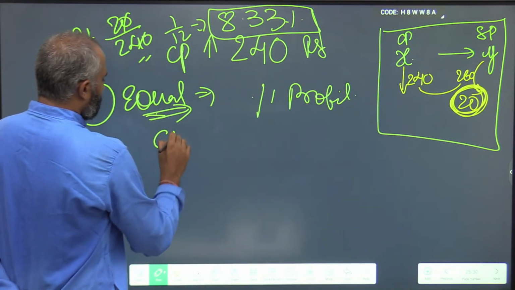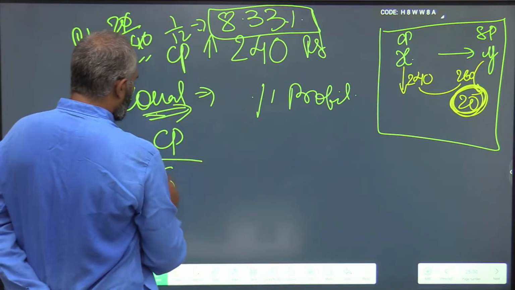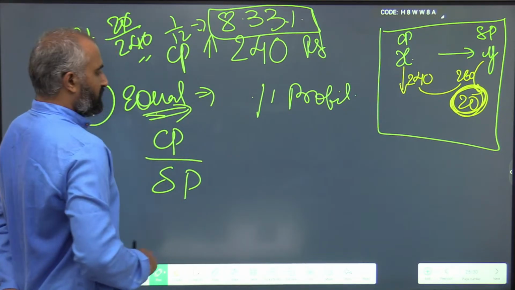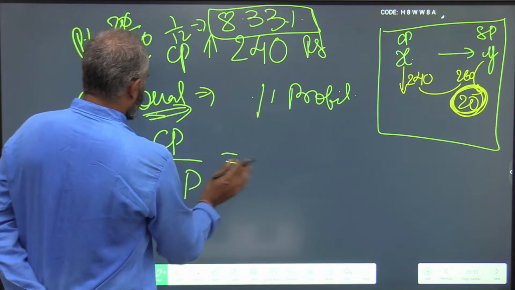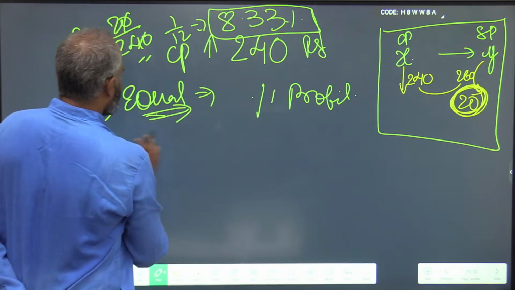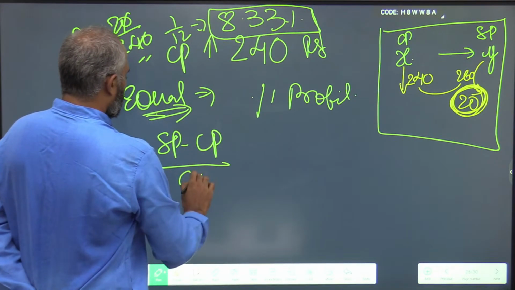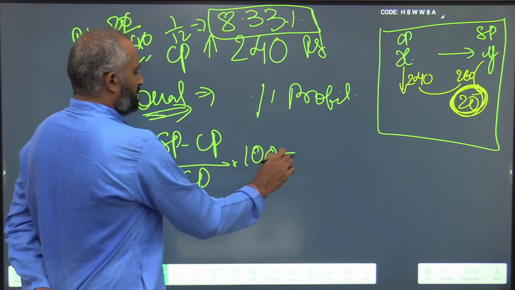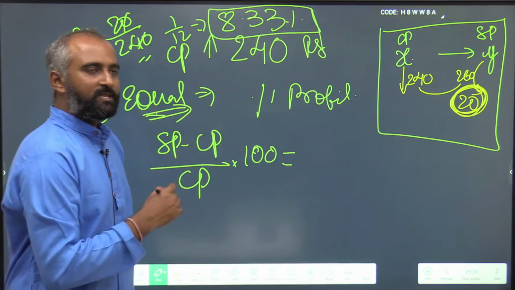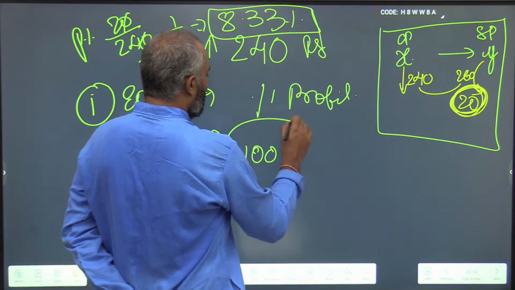So, assume initial CP and initial SP. The profit percentage is SP minus CP by CP into 100%. It has remained the same in both the cases. So now even after adding, what are the new values?